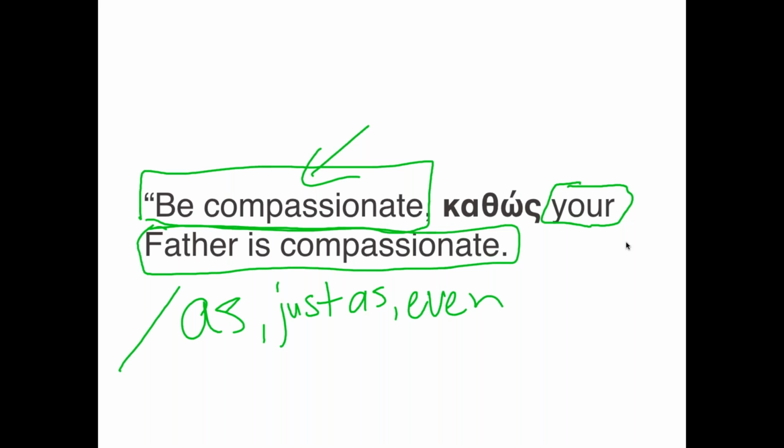To the same degree that my Father is compassionate. Make sense? So it's supposed to act kind of like an equal sign. That's a little bit of a simplification, because I can show several examples where that doesn't work. But if you think about it as an equal sign, where whatever's on one side is supposed to have some idea for the condition of the second one, it gets you the idea.